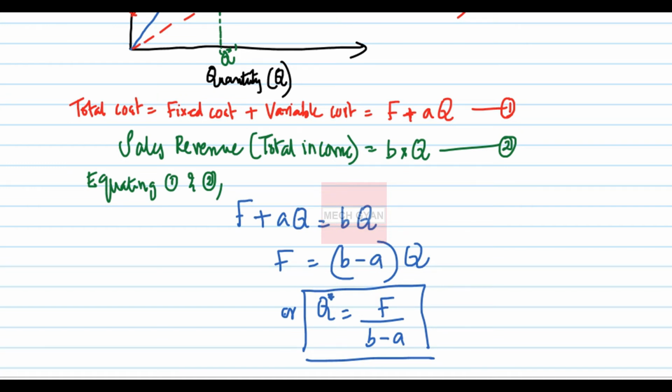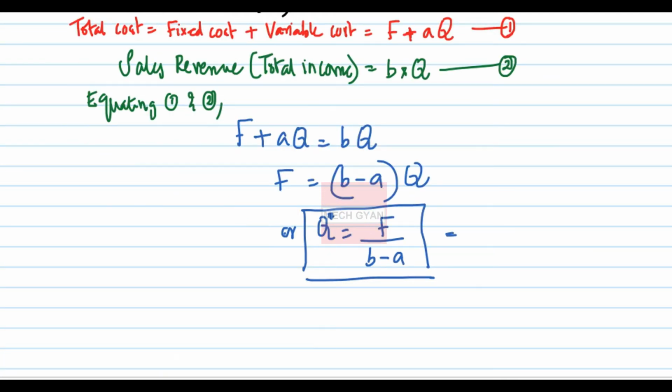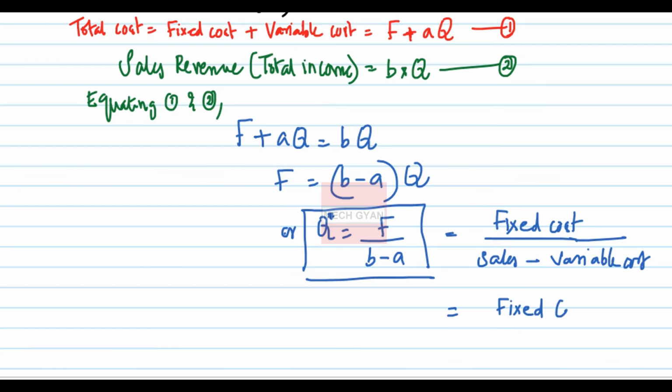So break-even quantity Q equal to Q star, or we can also write it as F, the fixed cost, by B, the sales, minus A, the variable cost per quantity, or sales minus variable cost is also known as contribution. So fixed cost by contribution. So these are the important formulas from this section.